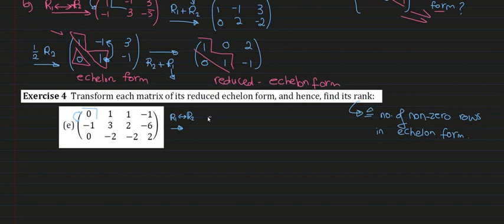We will have here -1, 3, 2 and -6, row 2 will be 0, 1, 1, -1, and row 3 is 0, -2, -2 and 2. Very good. We need this first main diagonal element to be 1, not -1, so we multiply row 1 by -1, and hence we have 1, -3, -2, and this -6 will be 6, and the other rows are unchanged, so we copy them as they are.